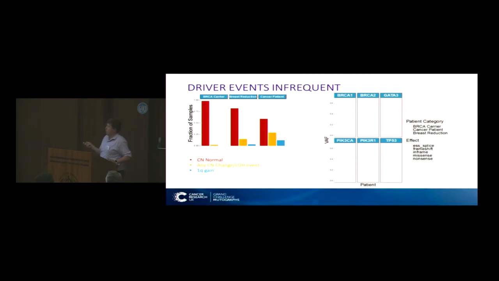GATA3, PIK3CA, PIK3R1, and P53 are all under significant selection via Inigo's dN/dS algorithm, and there's evidence that PIK3CA can lead to clonal expansion. Either through copy number or point mutations, it doesn't look like there are any second hits to BRCA.